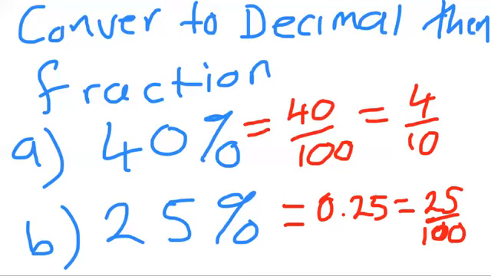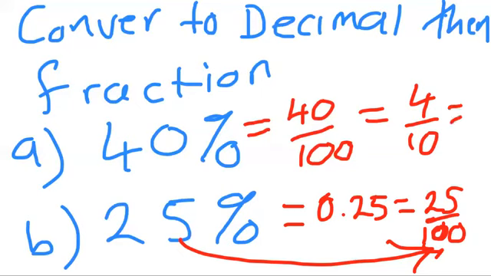Some people like to jump from here to here, which is still acceptable. Some people will like to go to fraction first. So let's go to the next thing and see. Let me add a board here, and your questions will be just simple like that.